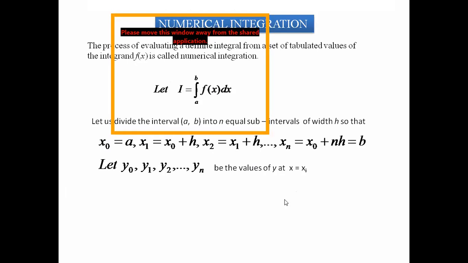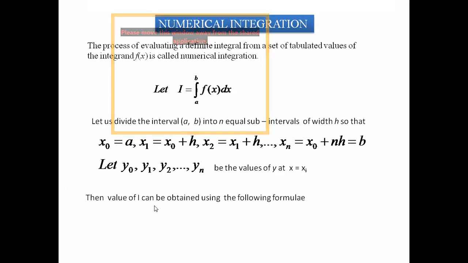Like that, find these values. After that, depending on the number of divisions taken, we use some formula to get the value of this integral. There are some restrictions. How we get this formula: first we get one quadrature formula by using Newton's forward interpolation. That theory part is not recorded here.